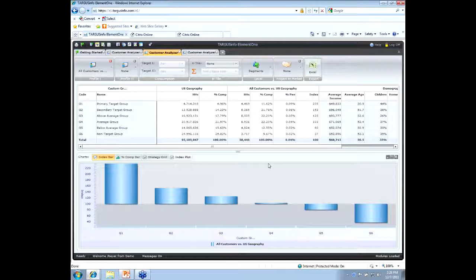I've taken that same data set and grouped high indexing segments together into these higher level groups. And so I've broken those out into primary target, secondary, above average, average, below average, and then non-targeted at all.